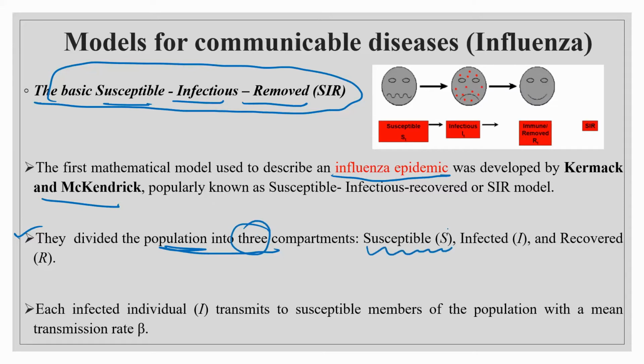Susceptible, which I have denoted with S, infected denoted by I, and removed denoted by R. I can call it removed also. And we know that an infected individual transmits the disease to a susceptible individual, and we have taken that every infected individual transmits the disease to the susceptible individual with the mean transmission rate beta.